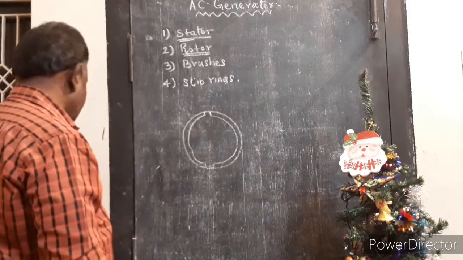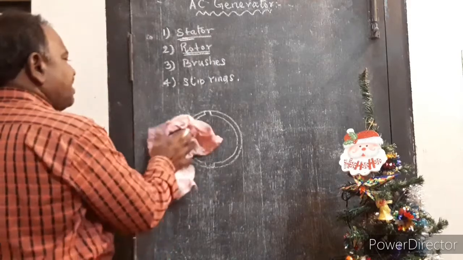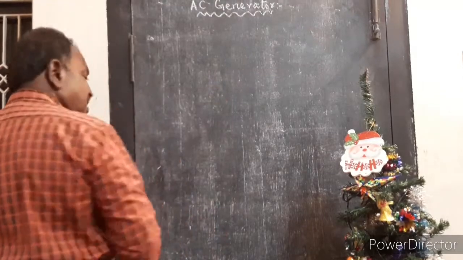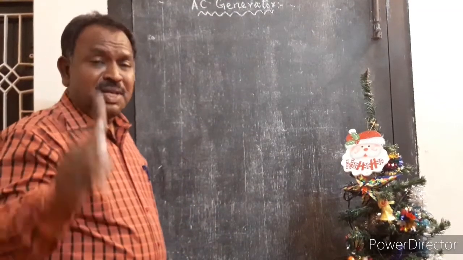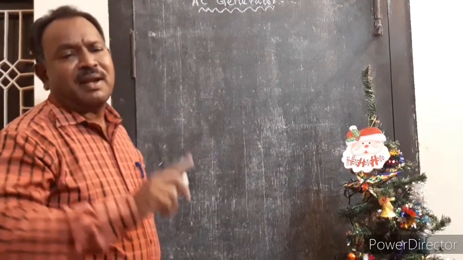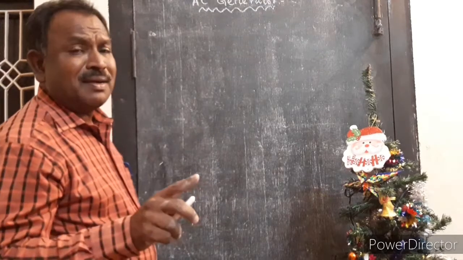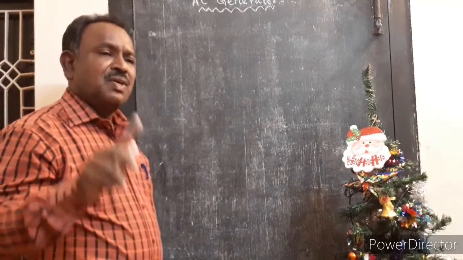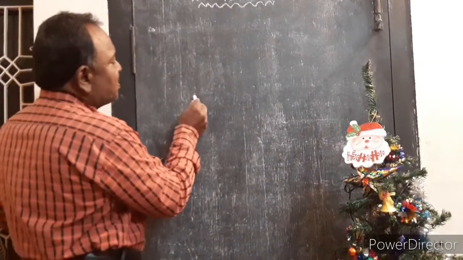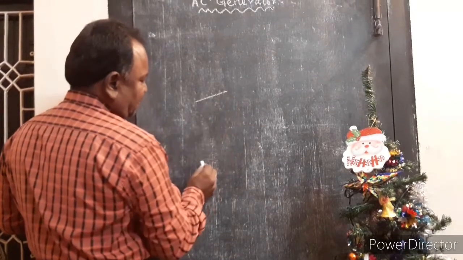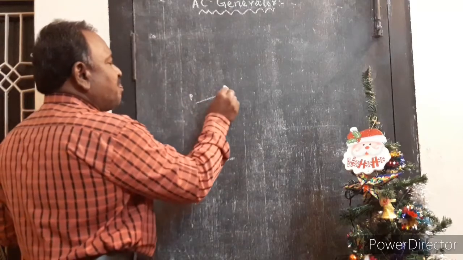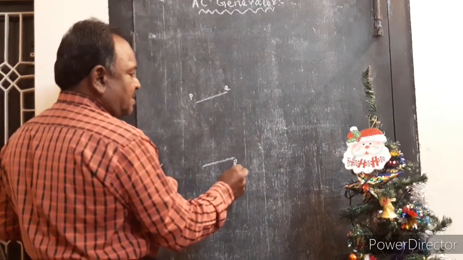We are going to explain a single phase AC generator with a simple diagram. As I explained already, in a single phase generator the stator will have only two conductors. These two conductors are connected in series so as to form a single turn coil. I am representing the two conductors in the stator as PQ and RS.